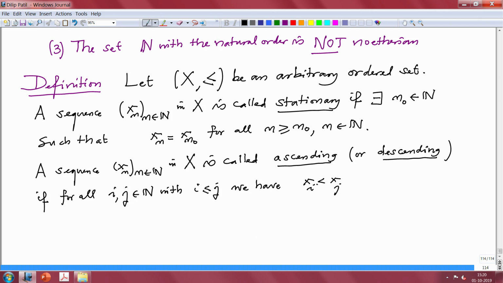If xi is less equal to xj, it is going up. Some people also call it increasing. Or the other way, descending is xi bigger equal to xj, then it is descending.